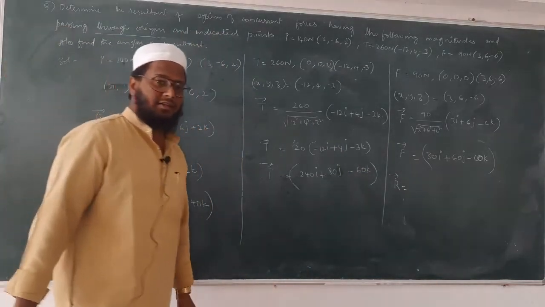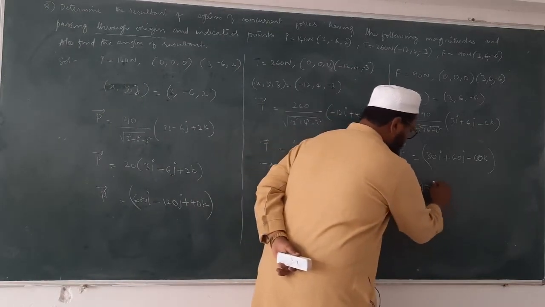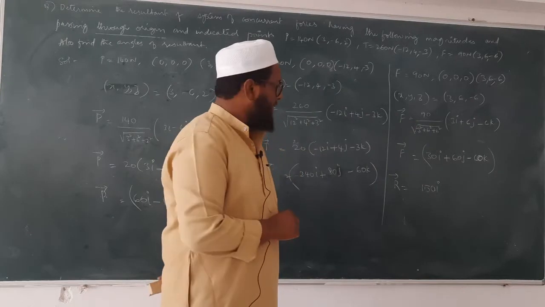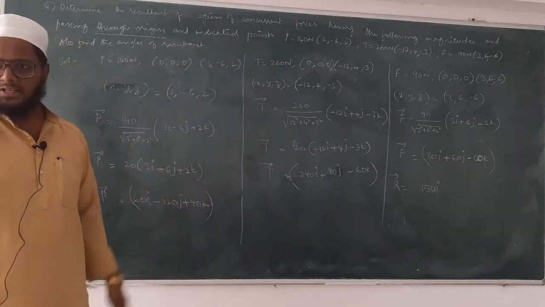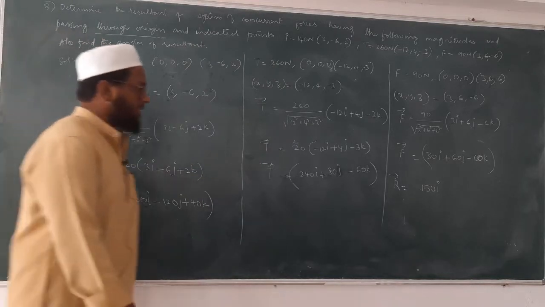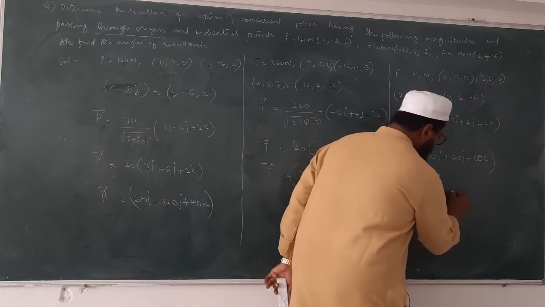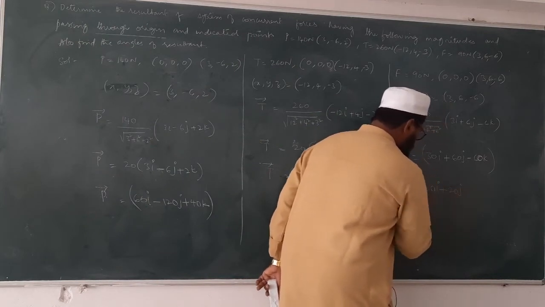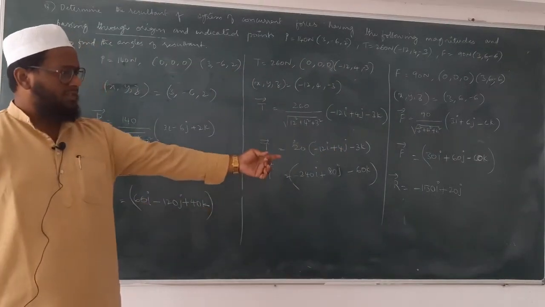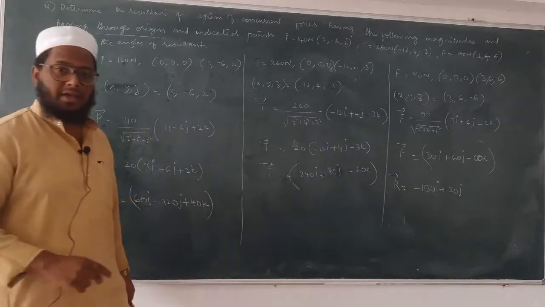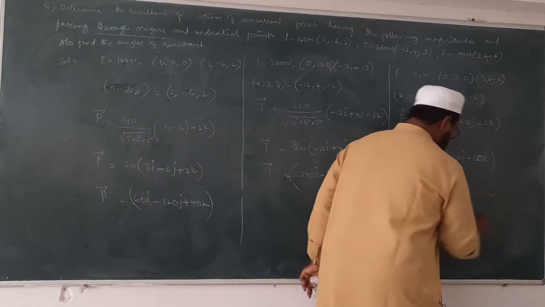Minus 150i. Then what about j? Minus 120 plus 80 plus 60. How much? Plus 20j. Then k: 40 minus 60 minus 60. How much? Minus 80k.